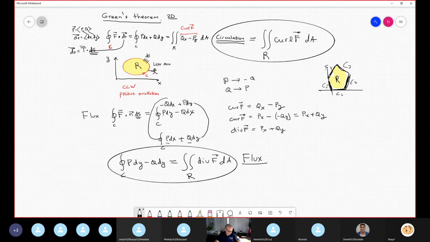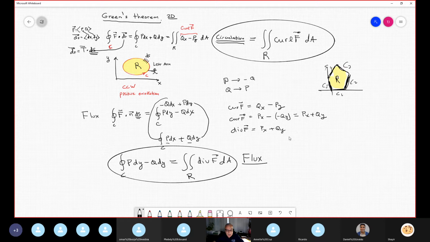Let's see an example to understand this. I bring the first example. Do you understand the idea of Green's theorem? Let me repeat again. Green's theorem is a formula that gives a relationship between line integral and double integral. Change a little bit the expression: the line integral is circulation, where we're using curl.